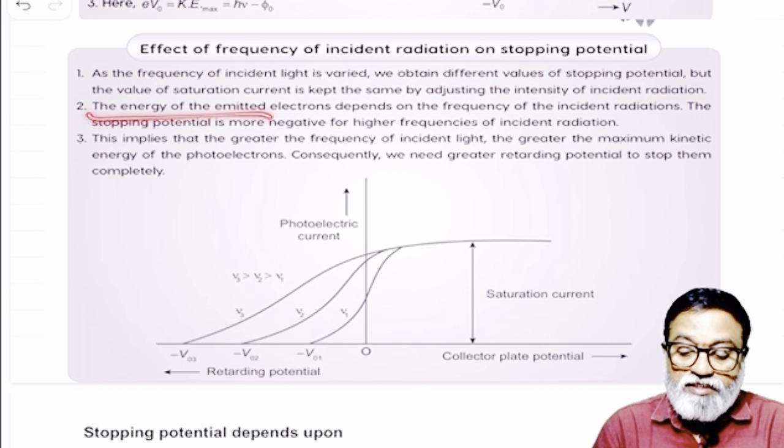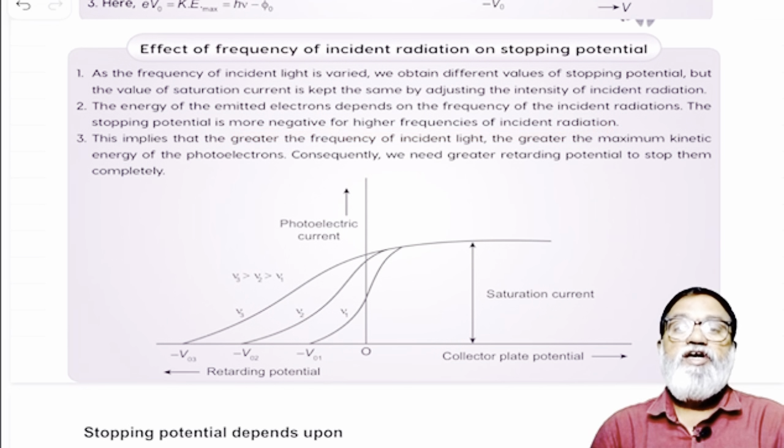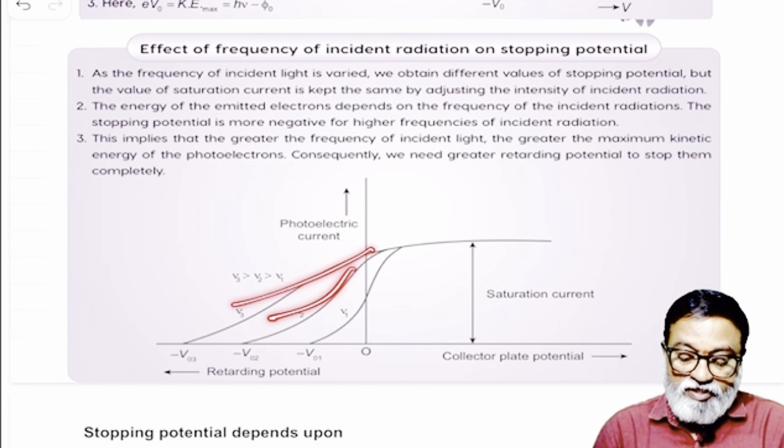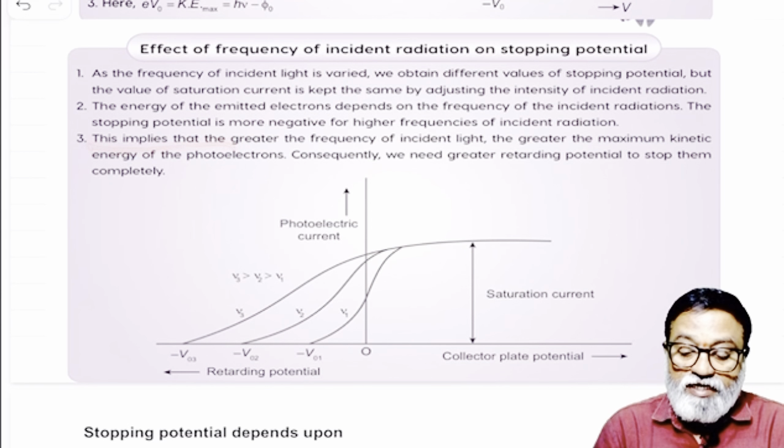See, the energy of emitted electrons depends on the frequency of incident radiation. The stopping potential is more negative for higher frequencies of incident radiation. Therefore, higher the frequency, higher the stopping potential. This implies that greater the frequency of incident light, the greater is the maximum kinetic energy of photoelectrons.